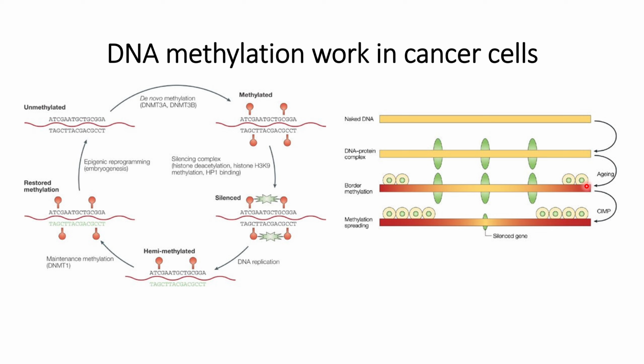However, during aging, the methylation begins at the border of this sequence, or we can say far away from the DNA methylated sites. The reason for this is not yet known. With time, these CIMP sites, the methylation will continue to increase further, and it will create methylation pressure and remove these proteins that are preventing the methylation.